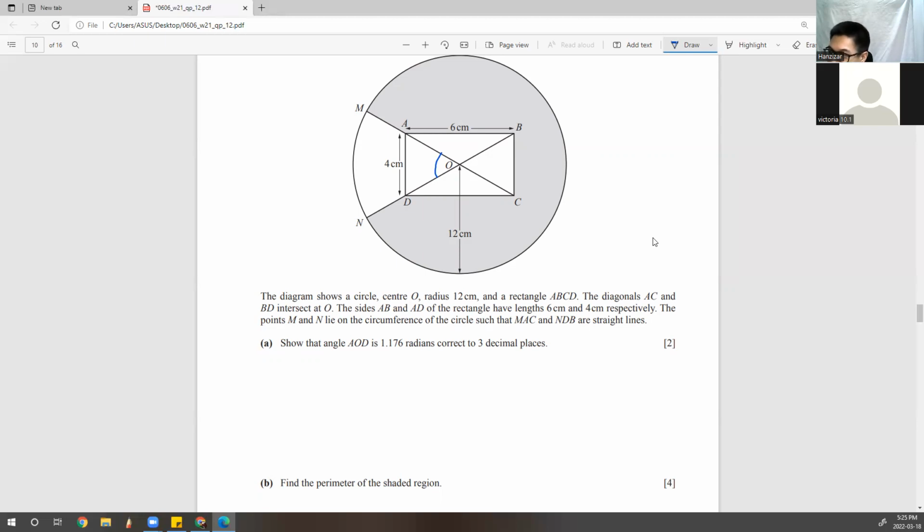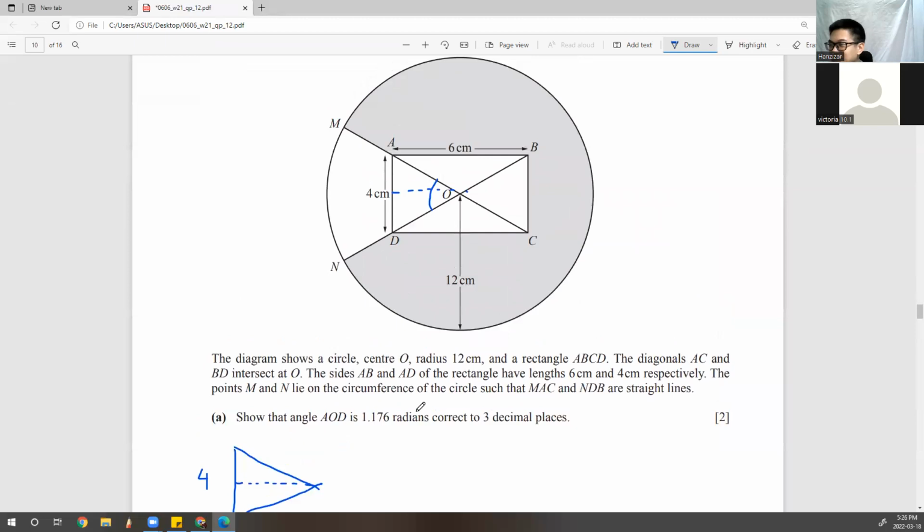So focus on the triangle only. This is 4. What is this? I want to find this first. What is the length of this? 3. Sorry? 3.